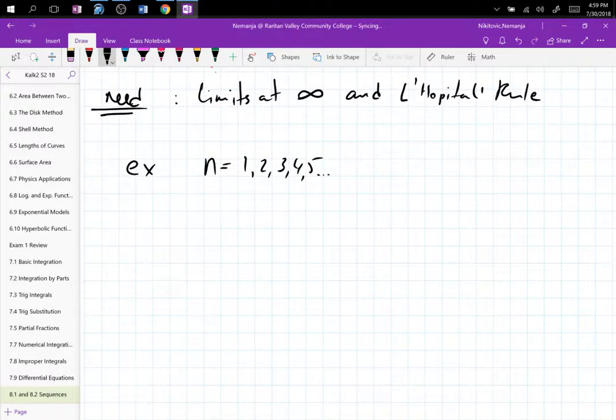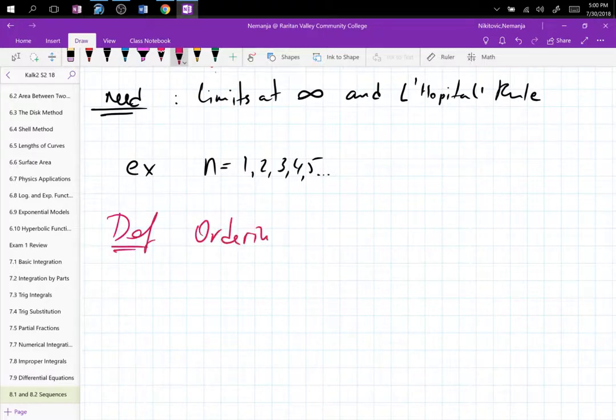So this is a sequence. When I say ordered list of numbers, that sequence is ordered through the set of natural numbers. So now it's the other definition.